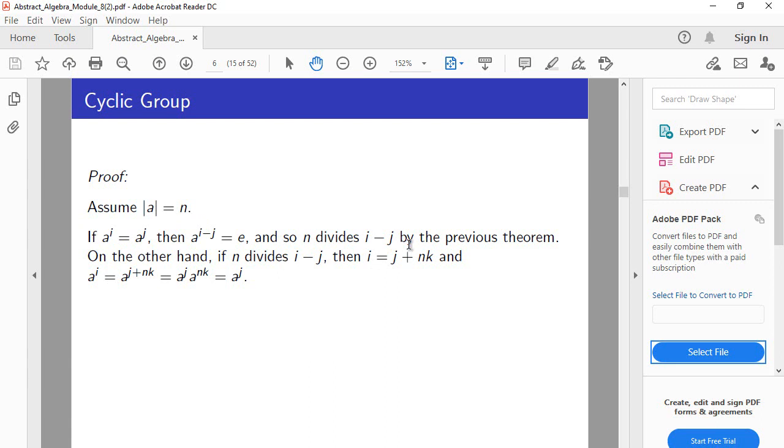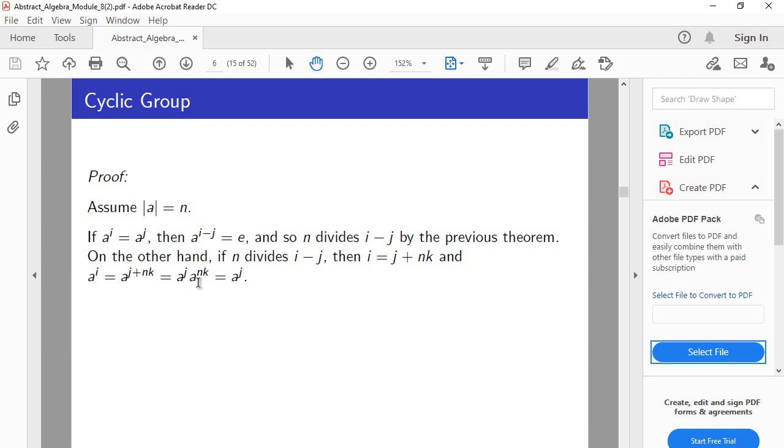Remember, we had an if and only if statement, so I need to prove the opposite as well. On the other hand, if n divides i minus j, then obviously I can express i as j plus a multiple of n, and then a to the i would be the same as a to the j plus nk, which by laws of exponents is a to the j times a to the nk.